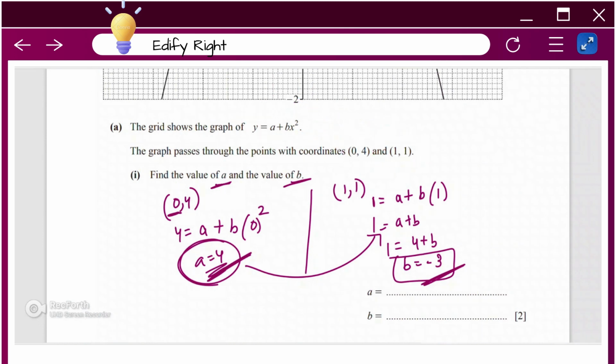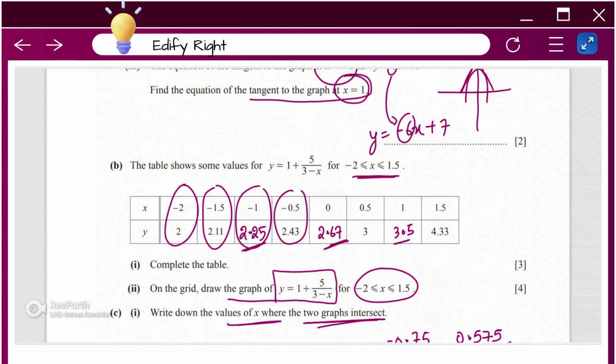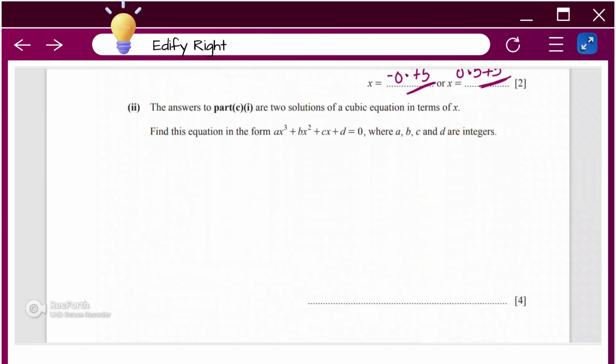So this is basically our first equation, this one. And what is our second equation? It is this, y equal to 1 plus 5 by 3 minus x. So let's just write those equations at one place over here. So that's y equal to 4 minus 3x squared. And then you have y equal to 1 plus 5 by 3 minus x.